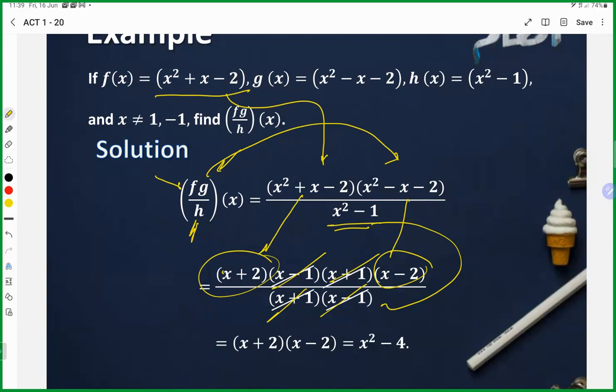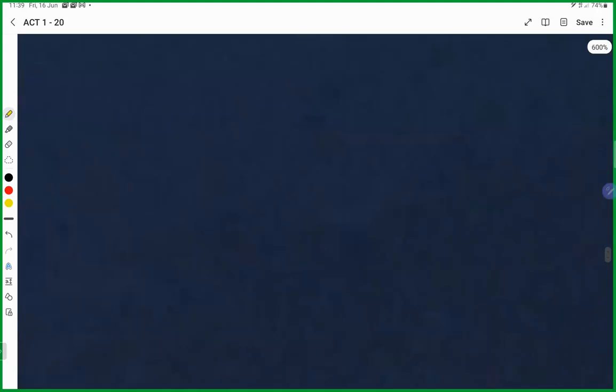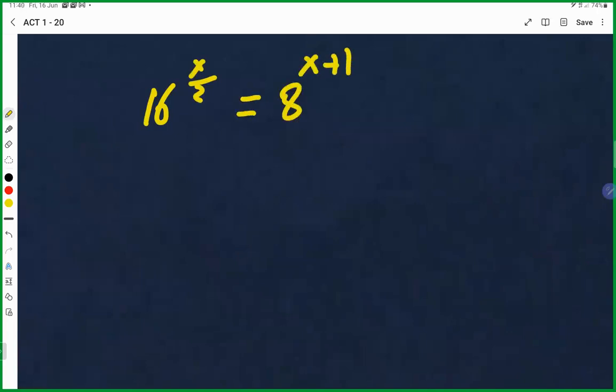في سؤال يا جماعة زي هيك هلا بورجيكم اياه: 16 power x over 2 equals 8 power x plus 1.